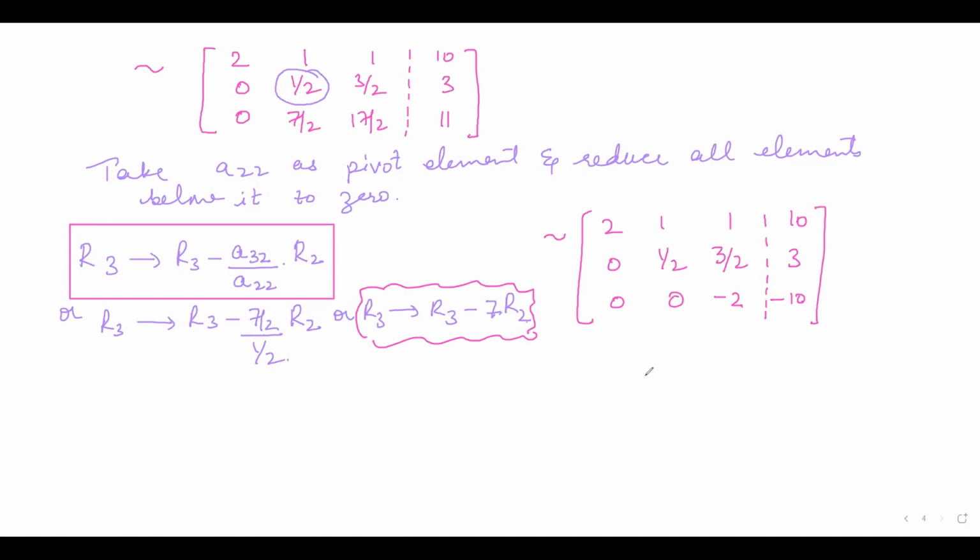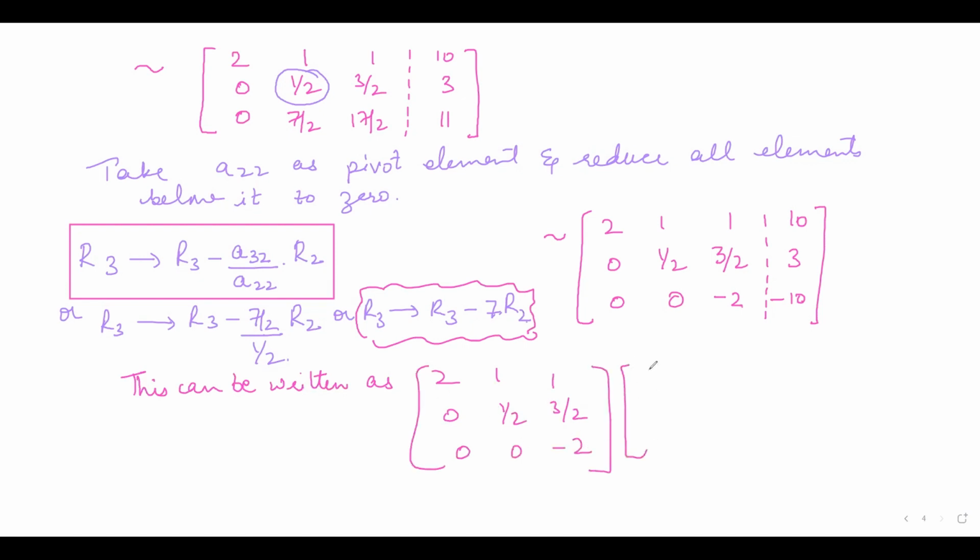Now, the first step is done. I have reduced it to the upper triangular matrix. Now I'll be doing the back substitution. For the back substitution, you can write this as the matrix 2, 1, 1, 0, half, 3 by 2, 0, 0, minus 2, times x, y, z, equal to 10, 3, minus 10.